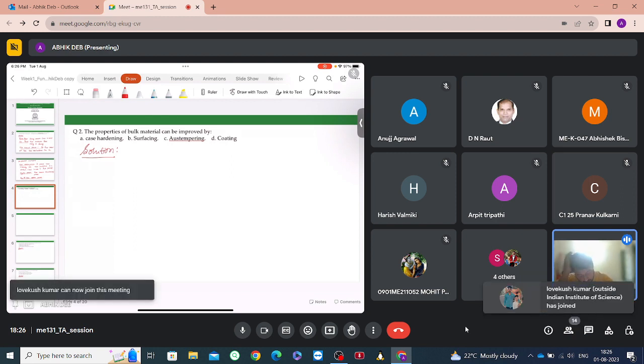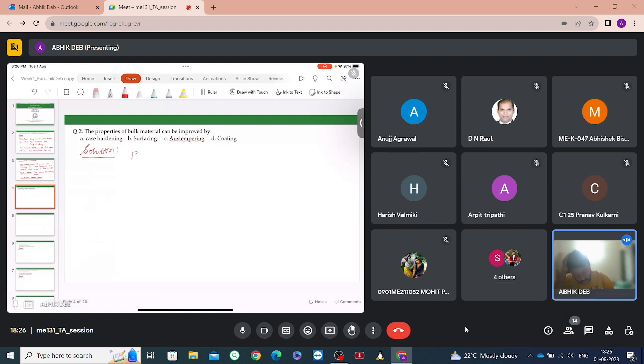So bulk material means a material overall. Like suppose you are taking the entire material under consideration.